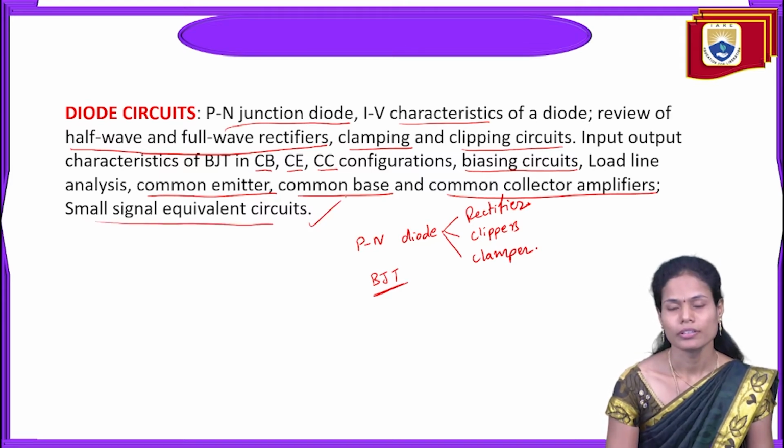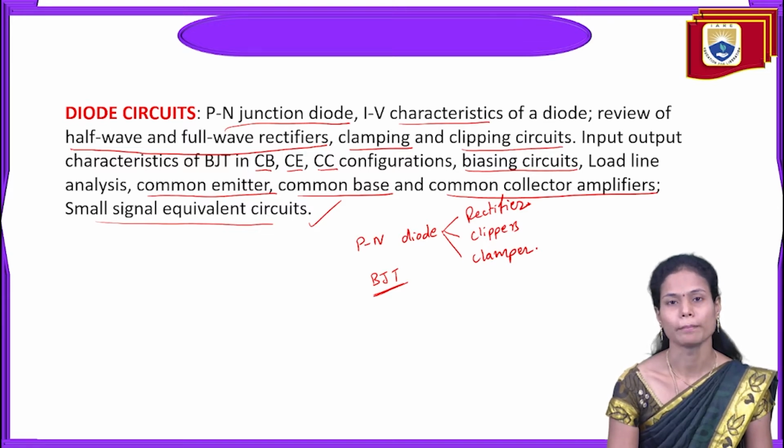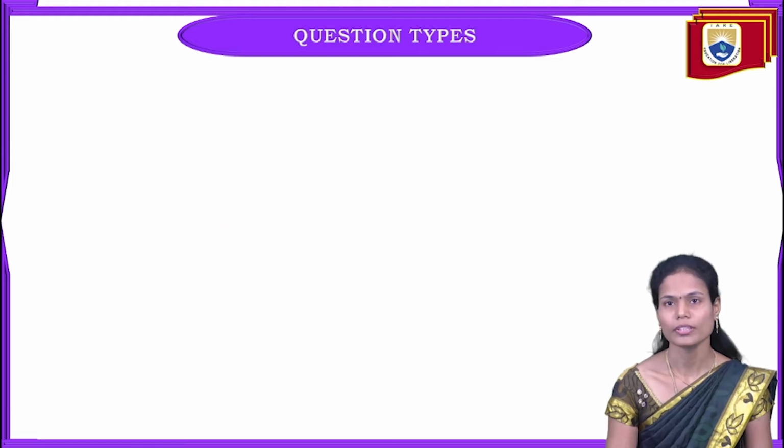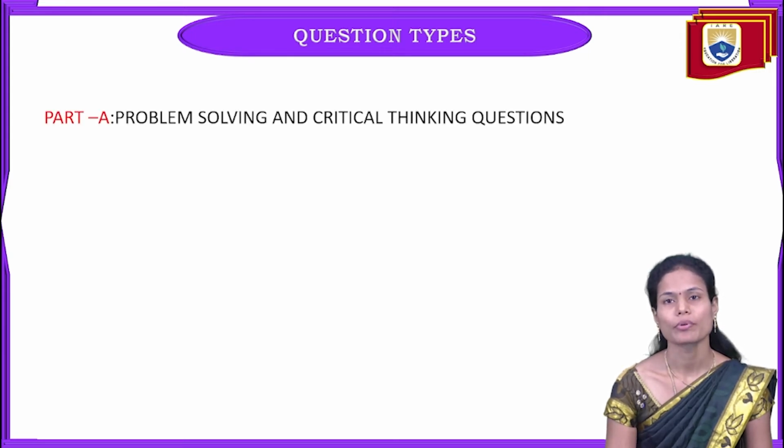So in this module, we can expect questions related to the diode and its applications, as well as the transistor and its configurations, and also its small signal model, and different current relations we can observe in this particular module. Coming to the question types, how many types of questions may we expect here? Part A belongs to problem solving and critical thinking questions.